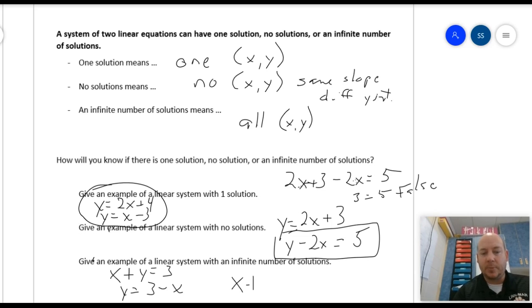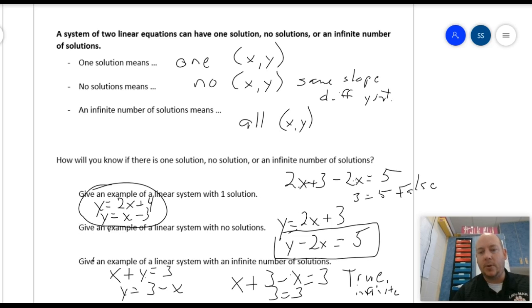So if I go x plus, substitute my y with 3 minus x equals 3, right? x minus x is 0. I'd end up with 3 equals 3, which is true, right? So that'd have an infinite number of solutions. When we solved equations, we used all real numbers. So we're just going to say it's an infinite number of solutions there, right?